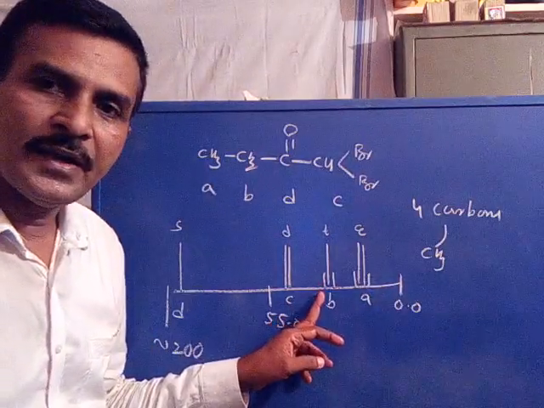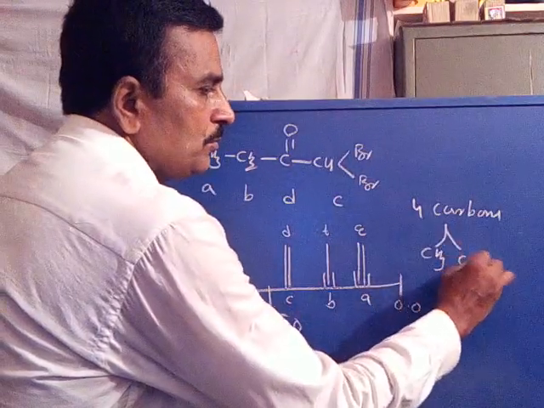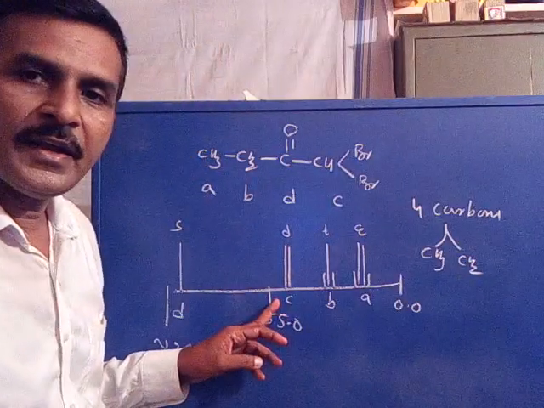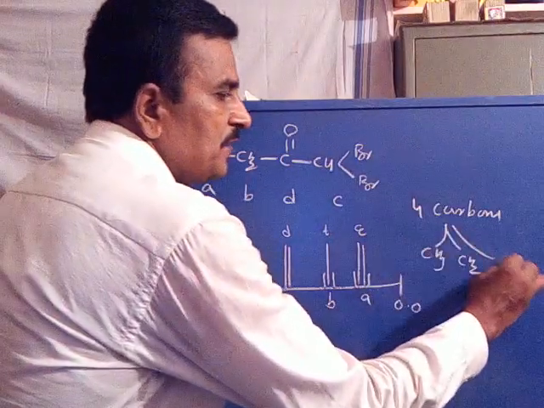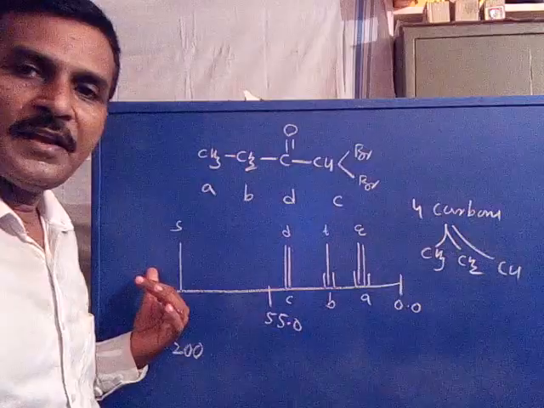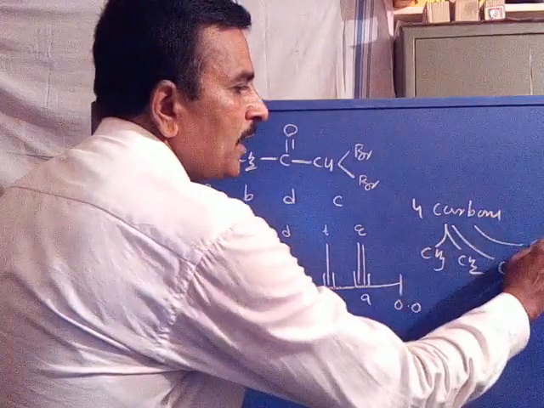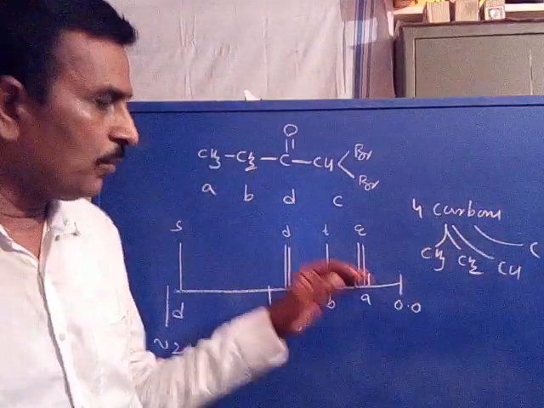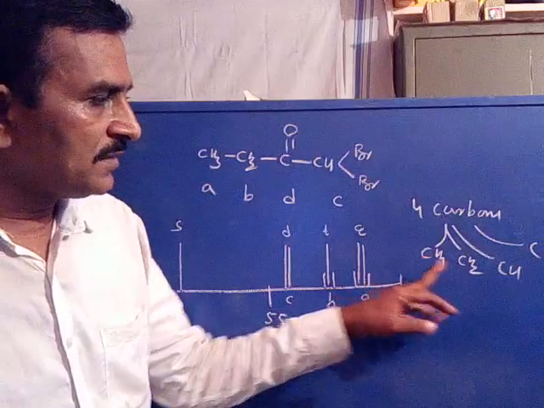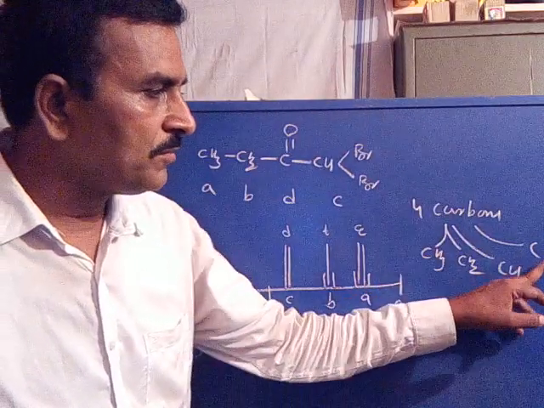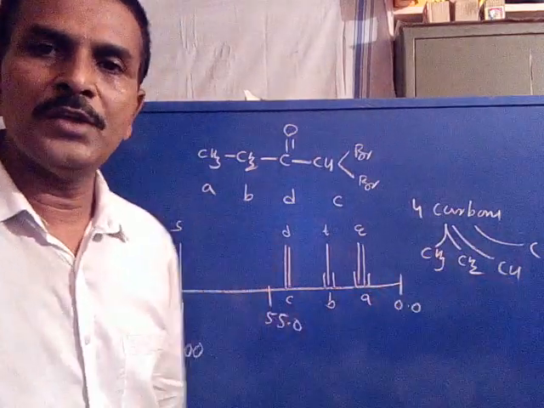A triplet indicates 1 carbon is CH2. A doublet indicates 1 carbon is CH. A singlet indicates 1 carbon without hydrogen. So there are 4 carbons: 1 CH3, 1 CH2, 1 CH, and 1 carbon without hydrogen.